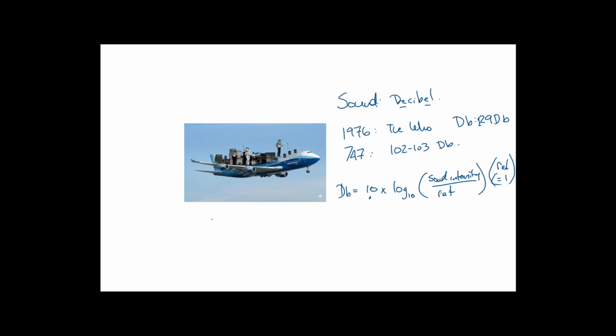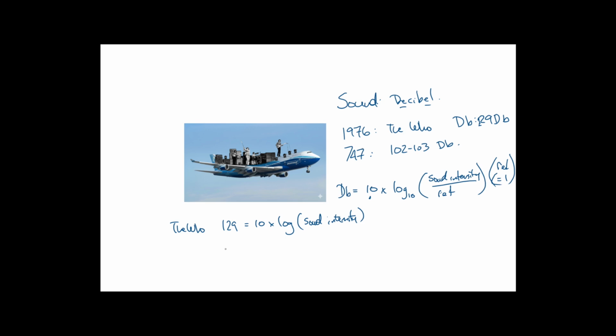So how much more loud was The Who than a 747 taking off? Well, let's work it out. So The Who were 129, 10 times log of the sound intensity, the volume, and because that's one, let's ignore it.